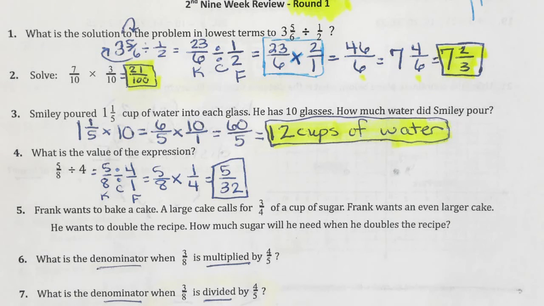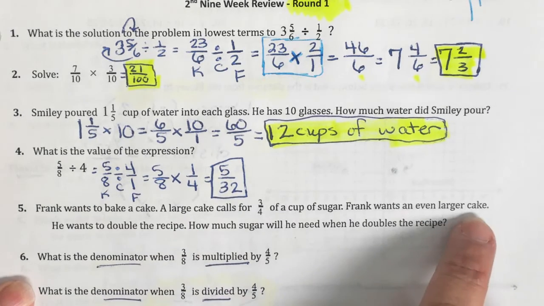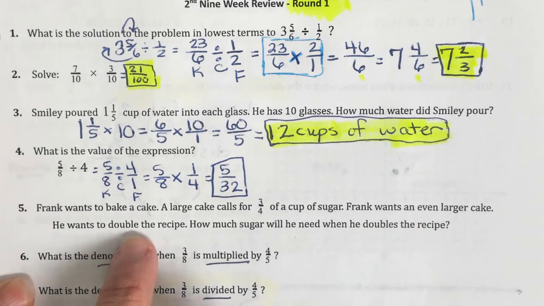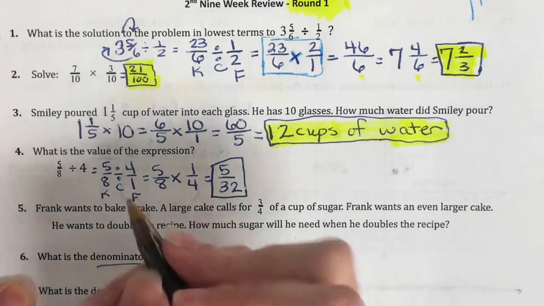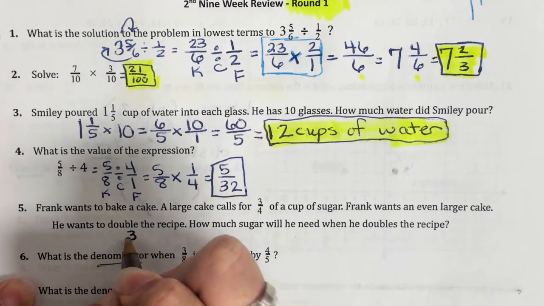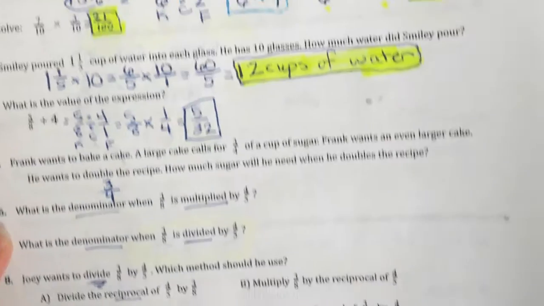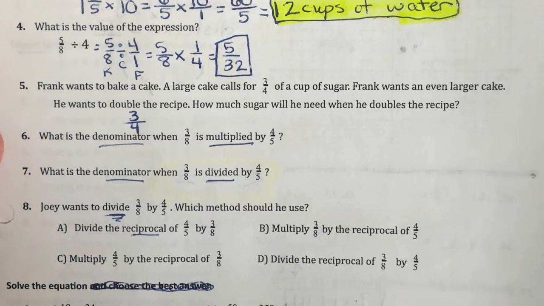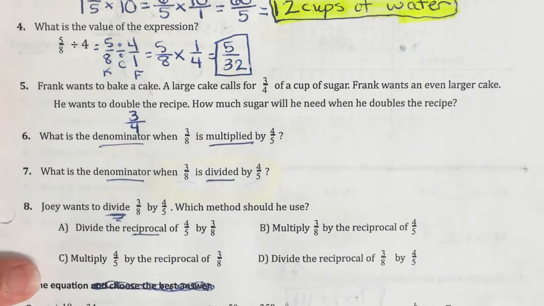Okay. Then, number 5. They want to make a larger cake. They want to double the recipe. So if you double it, it's times 2, right? Times 2. What if they said to half it? Divide by 2. Okay. So if they said triple it? Oh, times 3, right.